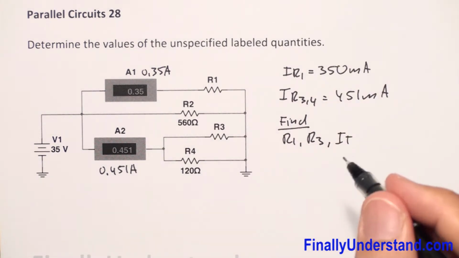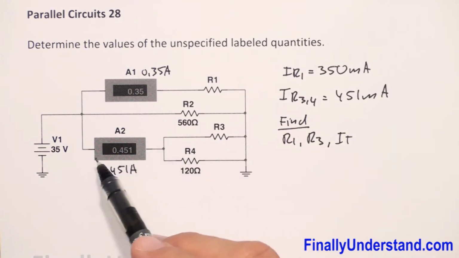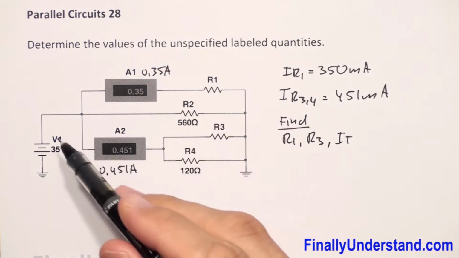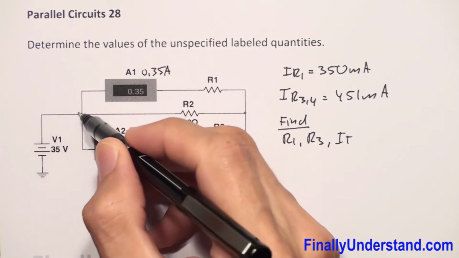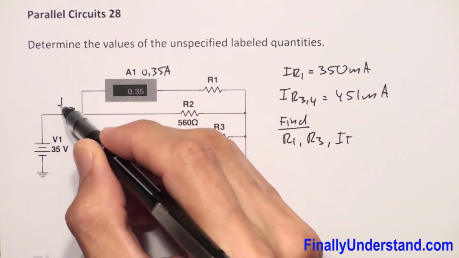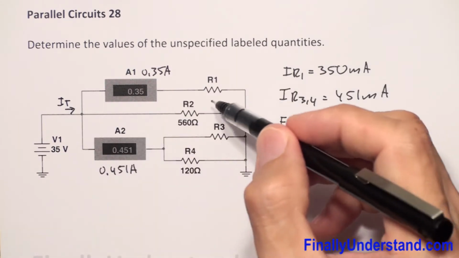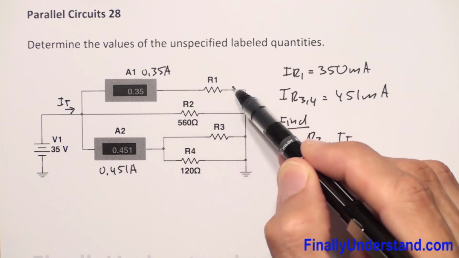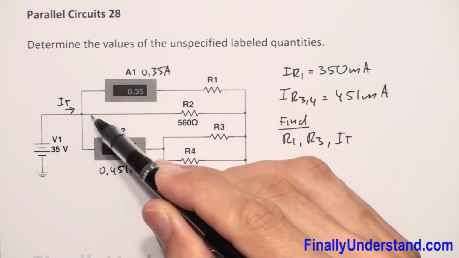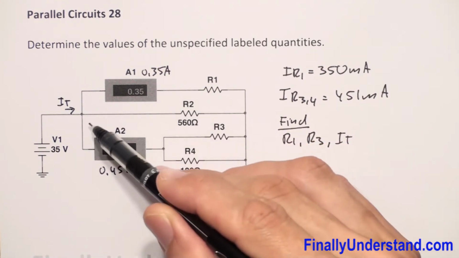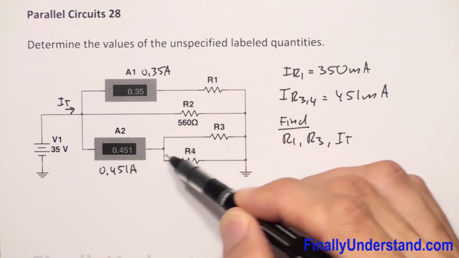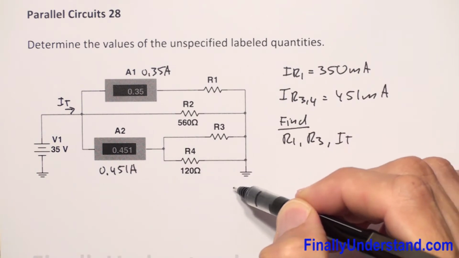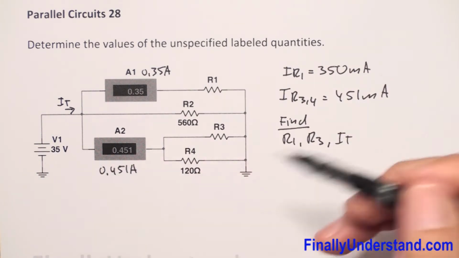Now please keep in mind that we have a parallel circuit over here. Why? Because the total current is going to split. This is my total current, I total, and it is going to split into four currents. One current is going to be my IR1, another is going to be my IR2, another IR3 and IR4, and all of them are going to get back together to ground, and by ground they will return to V1.